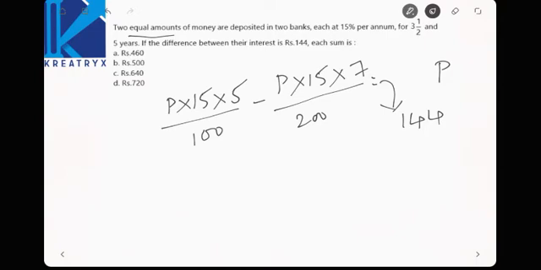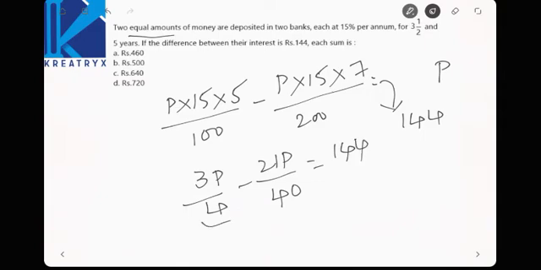Simplify this, what do we get? This 3P by 4 minus 21P by 40 is equal to 144. Now this is nothing but 9P by 40 is equal to 144.